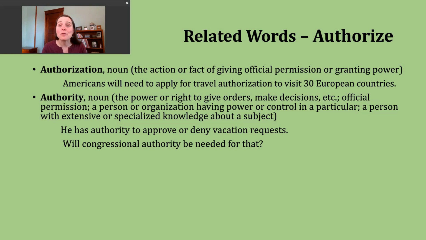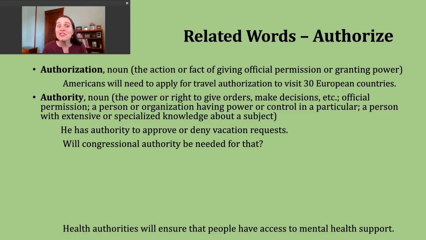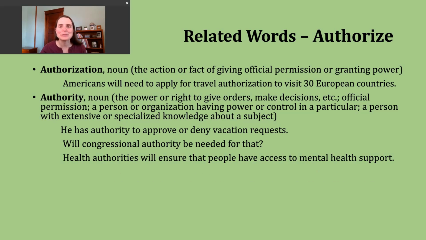Now, a second way the noun authority gets used is to refer to official permission for something. An example of this: will congressional authority be needed for that? Right? So that could be a question about a new program or funding for something, but that sentence is referring to permission from Congress. A third way the noun authority gets used is to refer to either a person or an organization that has power or control in particular situations or circumstances.